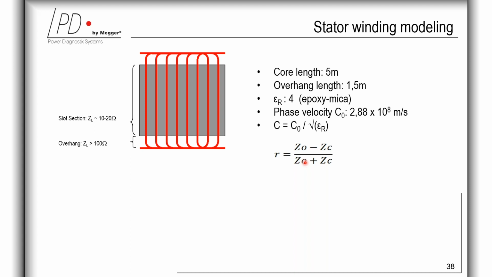So above a certain corner frequency, the high frequency components of an impulse-like signal are trapped within the slot section, and the signal undergoes a positive reflection at each slot exit, meaning that 80% of the signal will be reflected into the core and will not be able to reach the coupling unit.